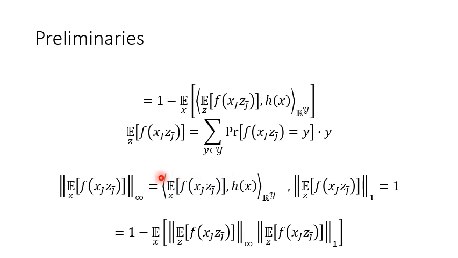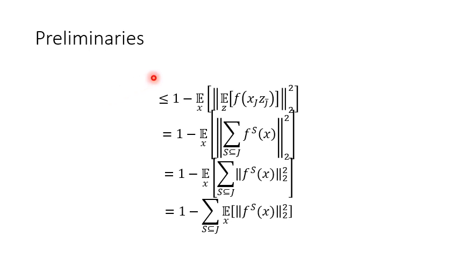So overall, here also we will get the maximal probability of some y that this y will be outputted by the function. So these two expressions are one and the same. So we can take this inner product and replace it with this L infinity norm, which is actually just like the inner product, multiplied by this L1 norm, which is just 1. So this whole expression equals this whole expression.